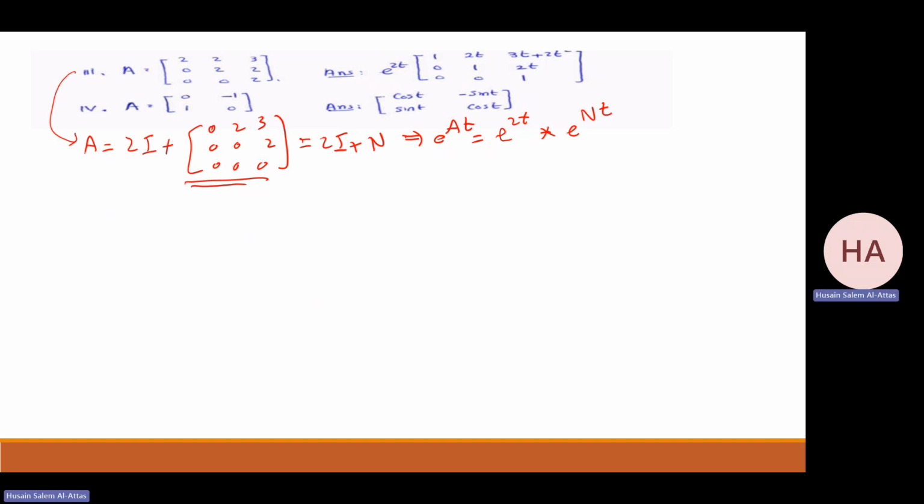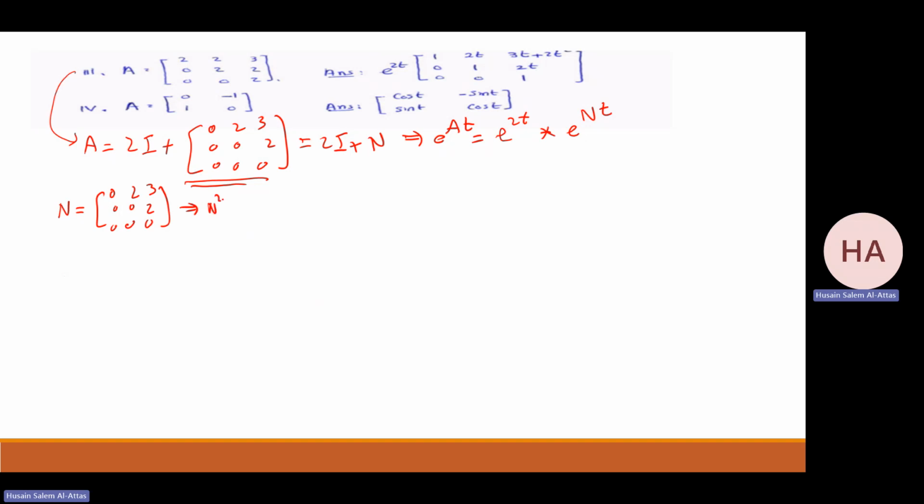Now for N, let me start it here. N equals 0, 2, 3, 0, 0, 2, 0, 0, 0.